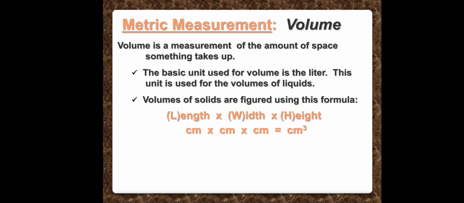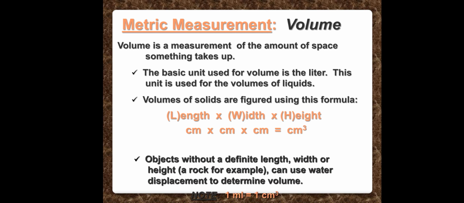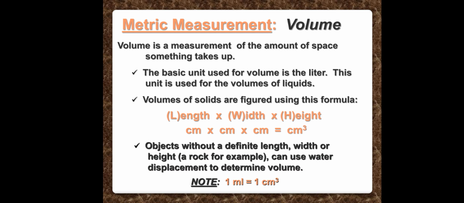Centimeter times centimeter times centimeter equals centimeter cubed. Objects without a definite length, width or height, a rock for example, can use water displacement to determine volume. Note, 1 milliliter equals 1 centimeter cubed.